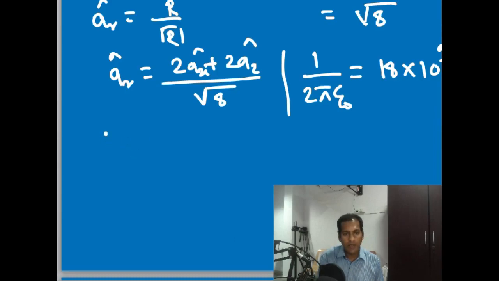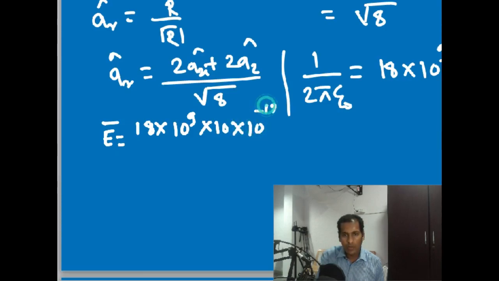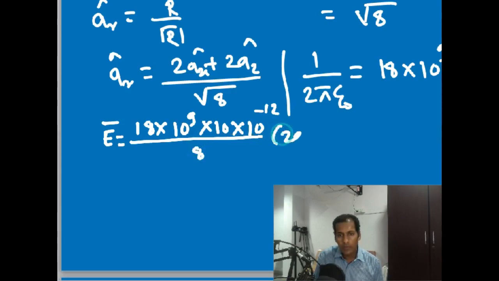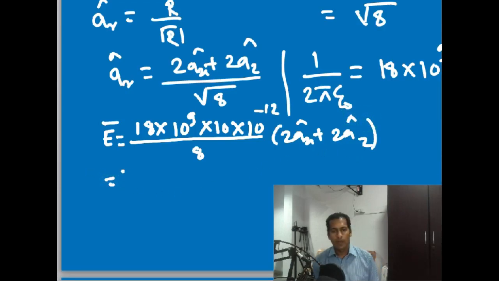So directly we can keep it in the formula of electric field intensity. The electric field intensity in vector form will be equal to 18 into 10 to the power 9 into 10 into 10 to the power minus 12, divided by 8, into 2 ax cap plus 2 az cap.